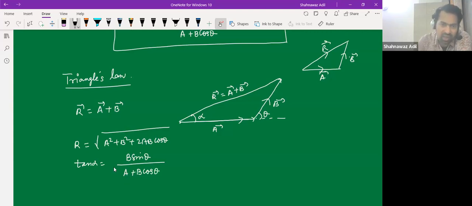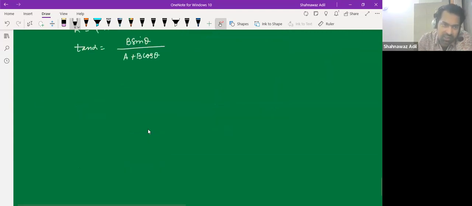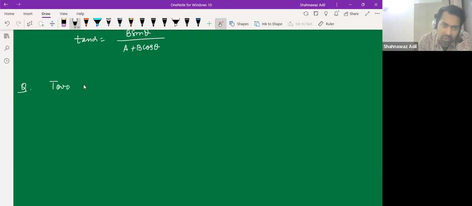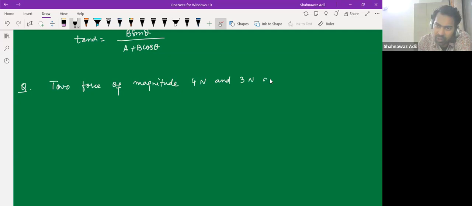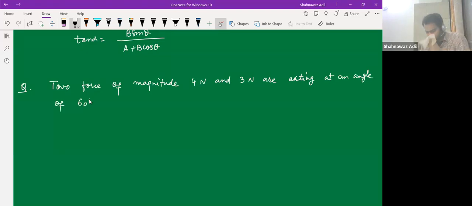So let's say that you have a question like this. Two forces of magnitude 4 Newton and 3 Newton are acting at an angle of 60 degrees, right?